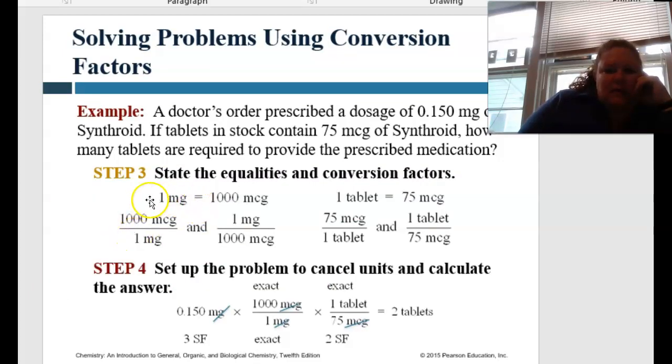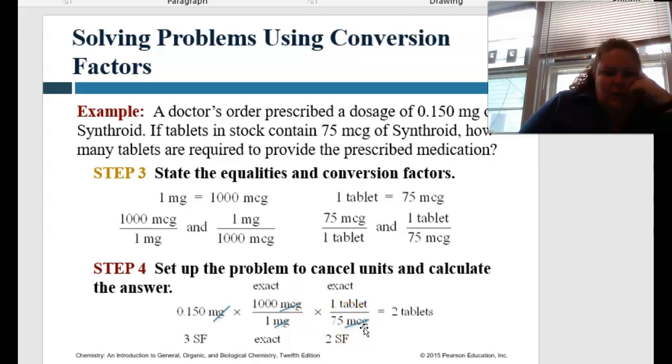So 1 milligram equals 1,000 mcgs. And then the tablet equals 75. So we have two different equations, and this is how we can set it up into one big one. Remember, we need to cancel those measurement units. Milligram on top here cancels the milligram on bottom here. MCG on top here cancels the MCG on the bottom there.